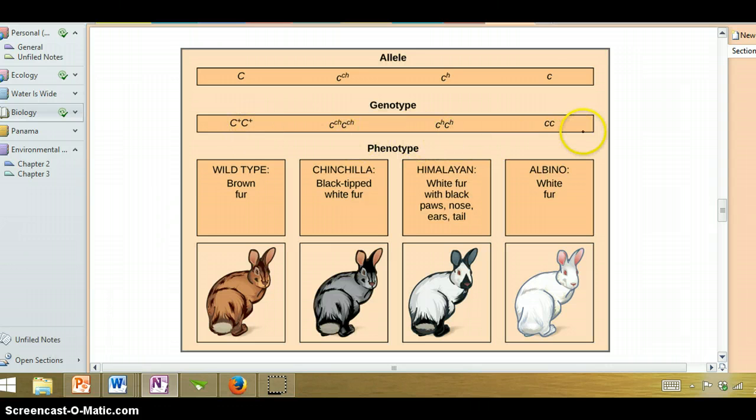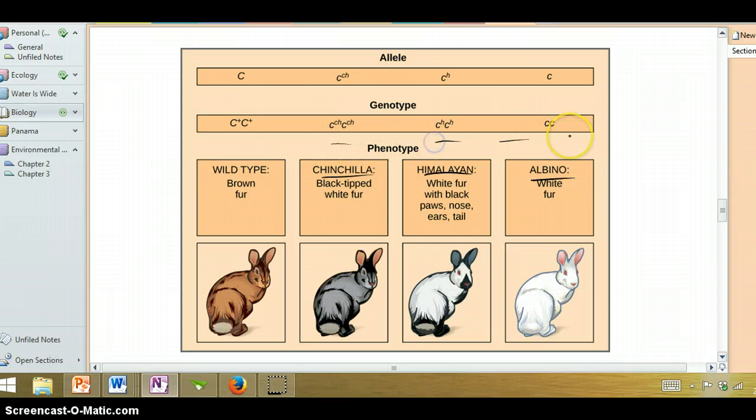But then you have some recessive alleles, one which has a little c with a superscript CH. That's what they call the chinchilla coloration, which is the type of color that chinchillas normally have. Then you have the Himalayan, and then the albino.